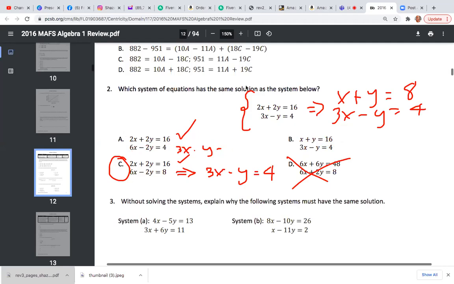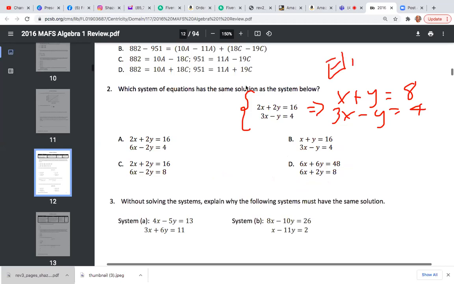Now, Moijan, if you wanted to solve this, sweetie, one of the methods is elimination. To do elimination, you have to choose one of the variables to eliminate. You want to make the coefficients the same with opposite signs, and then eliminate that variable. Let me make sure it's writing.